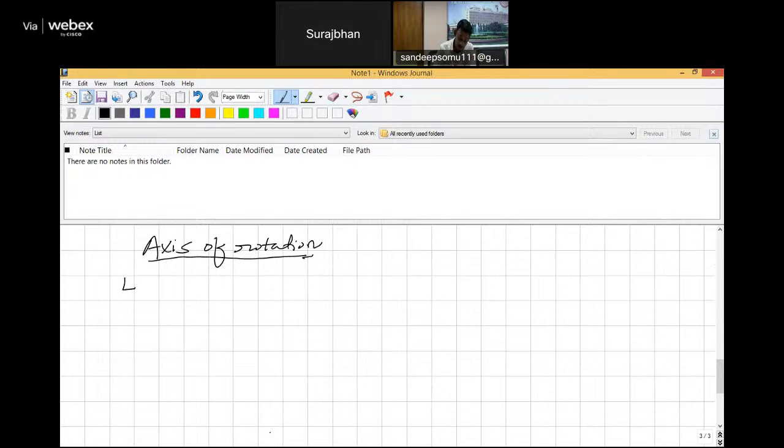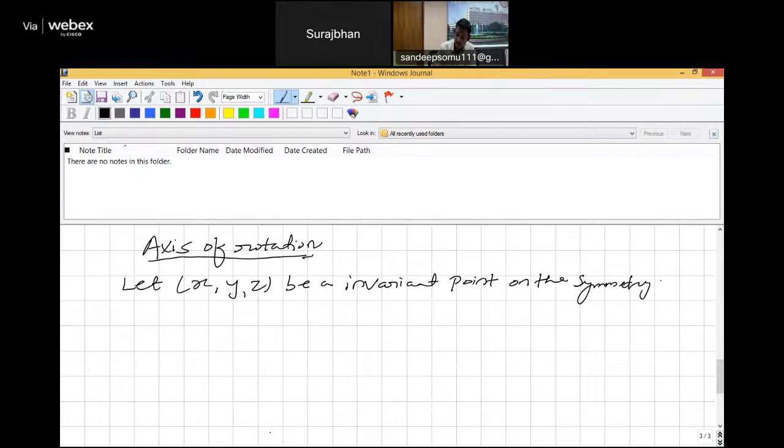So let x, y, and z be an invariant point on the symmetry axis. Since it is an invariant point, it will not change after the symmetry. It is invariant with the symmetry operation.